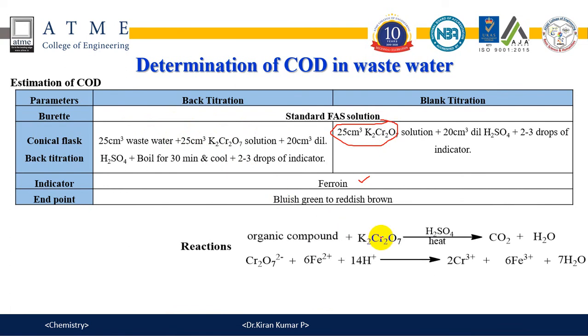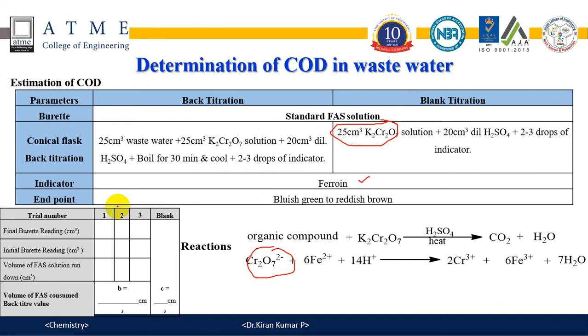This is a particular reaction which I have already explained to you. So this gives the amount of K2Cr2O7 consumed by FAS, remaining FAS here, total K2Cr2O7 here. So this is the burette table column. If the initial reading is 0, note down the final value.